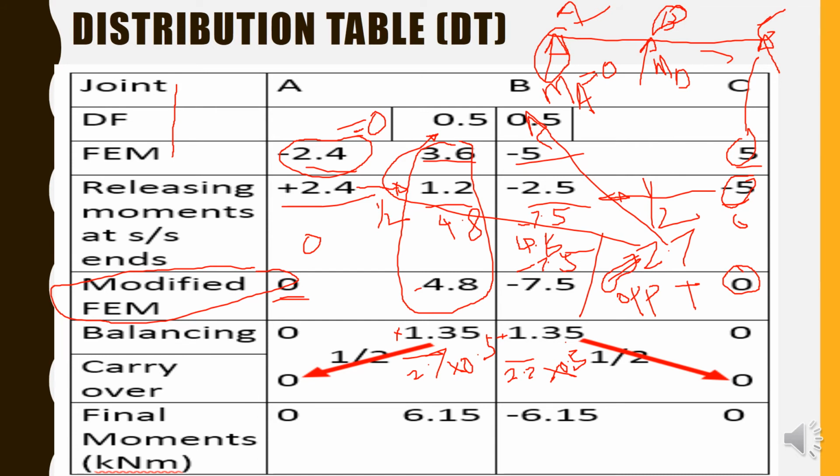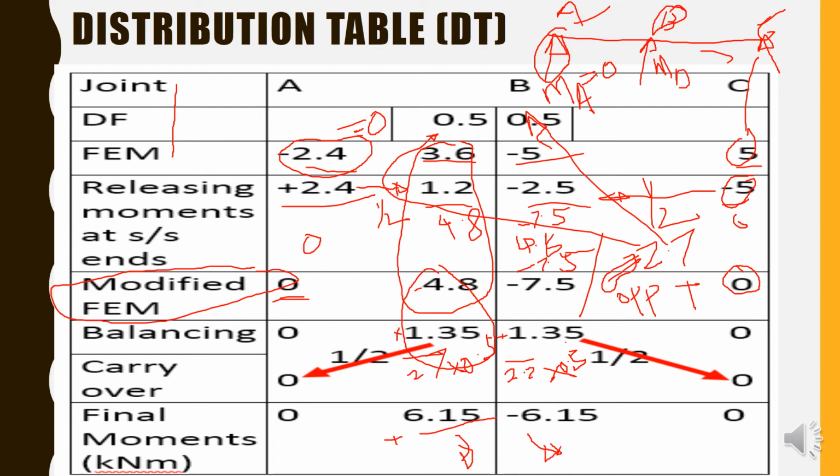So 4.8 plus 1.35 comes to 6.15 positive. Positive means the direction of rotation is clockwise. Minus 7.5 plus 1.35 gives negative 6.15. Negative means anti-clockwise.